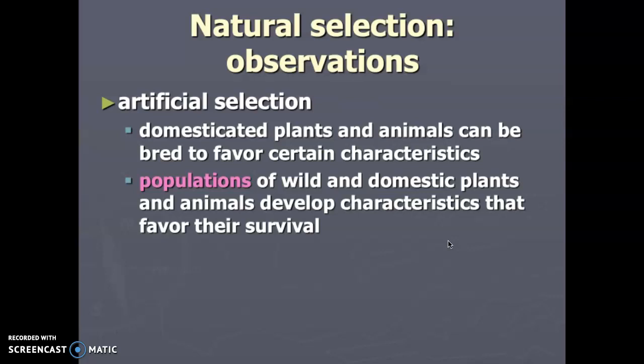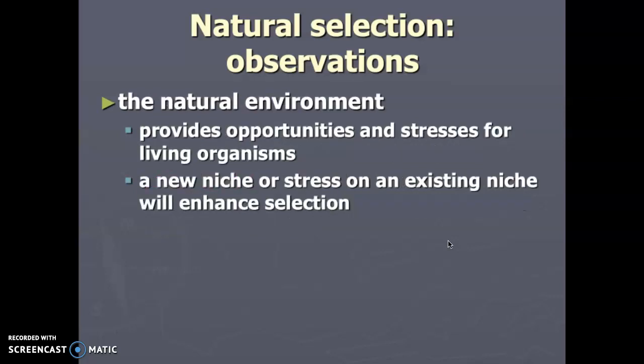And it makes it more likely that their offspring will have that characteristic as well. If you look out into nature, you can see that nature is able to do that as well. The natural environment also provides opportunities and stresses for living organisms and can also select for characteristics that are favorable, that allow an organism to be more successful in an ecological niche.